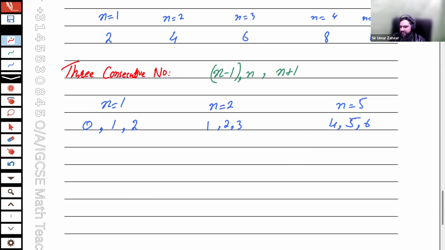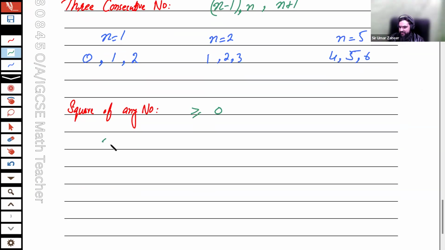Okay. If it says that you have a square of any number, it means that the result is always greater than or equal to 0. Because if it is minus 2 and you take the square, it will become plus 4.